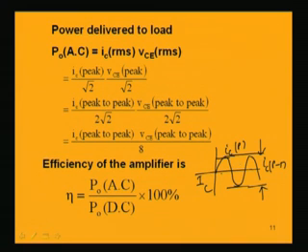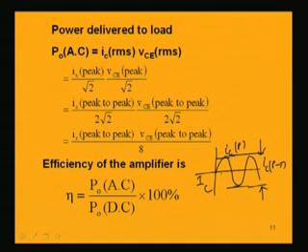We use IC peak to peak by 2, that is the one peak value, divided by root 2, and similarly VCE peak to peak by 2 divided by root 2 is the RMS value of VCE. That gives us IC peak to peak into VCE peak to peak by 8.